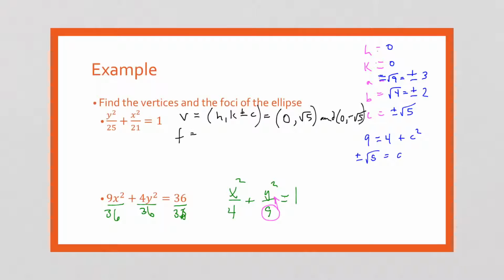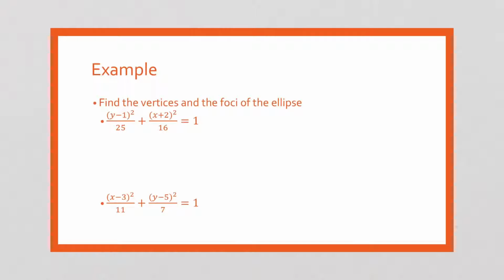My foci is h, k plus or minus a, so 0 comma 3 and 0 negative 3. And those are my points. It's very important that we pay attention to whether or not we have an x squared leading equation or a y squared leading equation, because that's going to tell us which way our ellipse is also going. Right? So let's move on to the next.